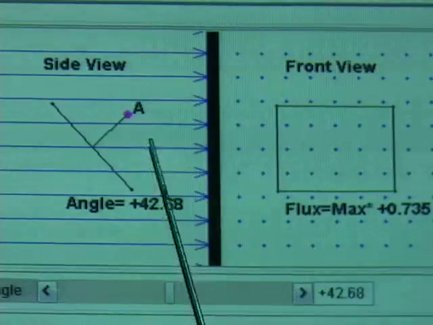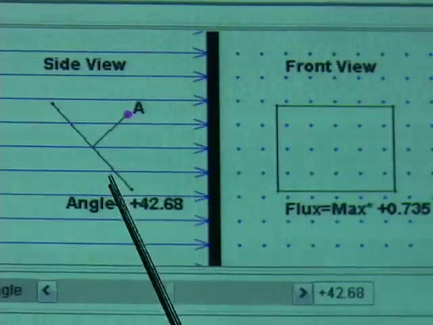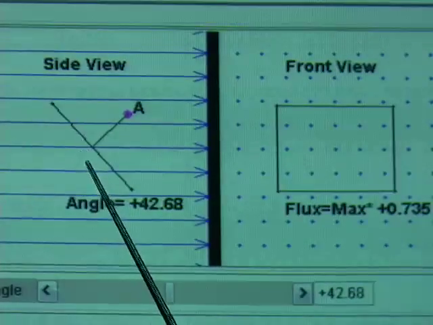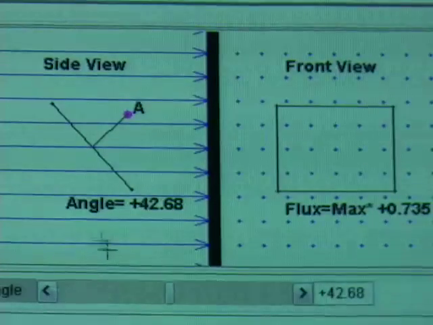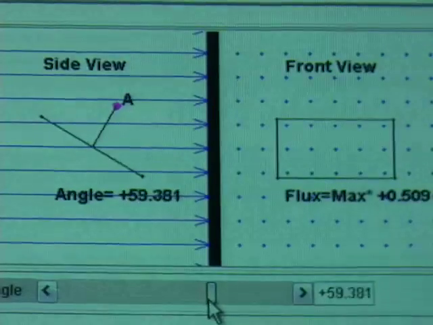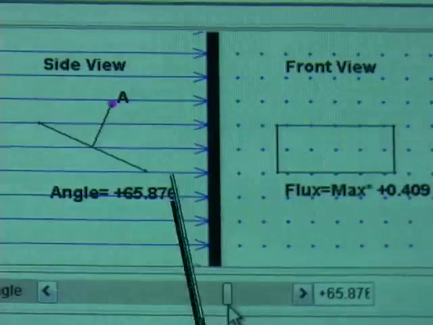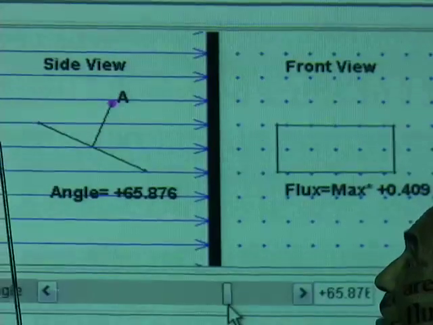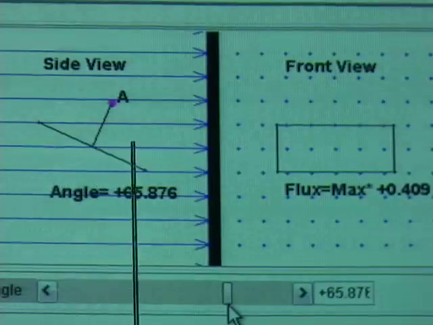The number of lines of force crossing at right angles become less as the surface is now inclined to the lines of force. You can see as I incline it more and more, the flux will become very small. And finally, what will be the flux through that surface when the surface is parallel to the lines of force?